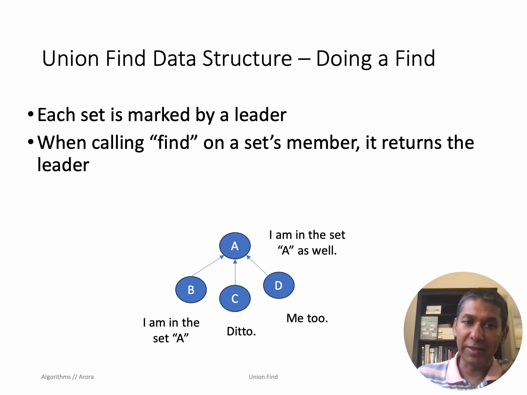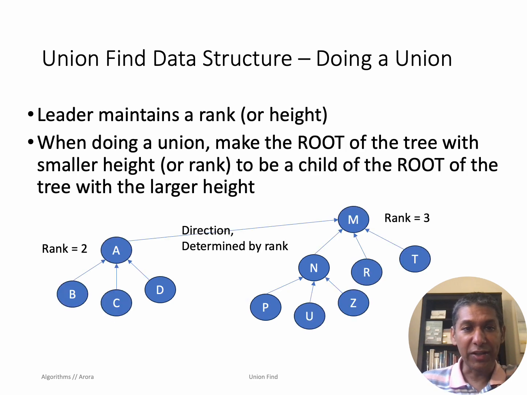So it says, okay, I'm in the set A as well. So all of these elements, A, B, C, and D, are in the set A. Again, note that A is being used here as an element name as well as a set name, and that's perfectly fine. Okay, let's continue.